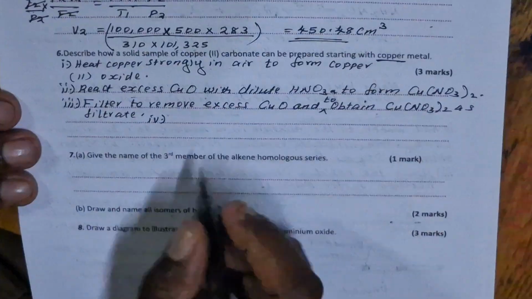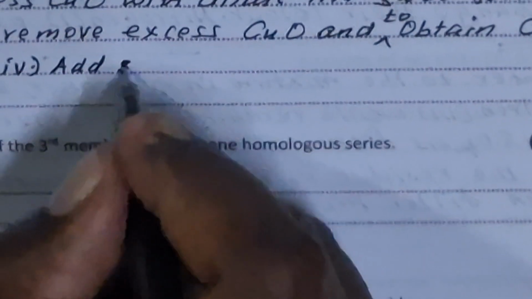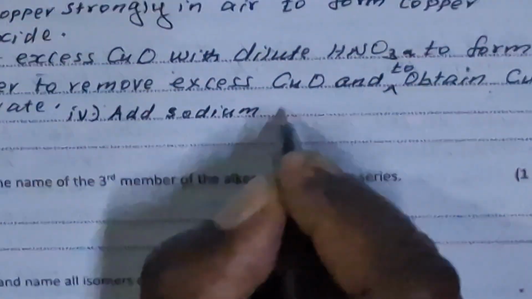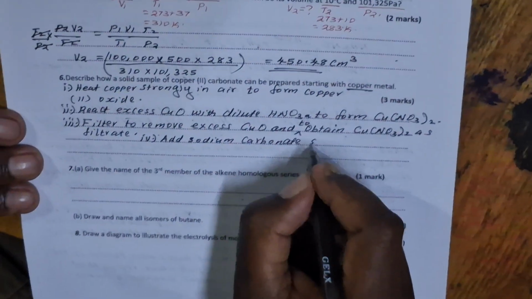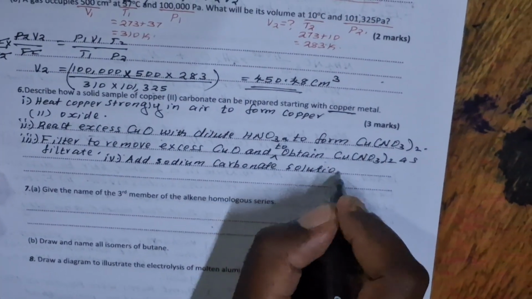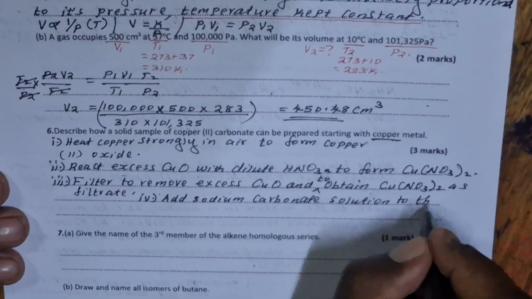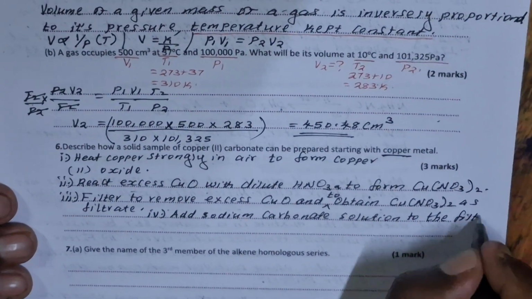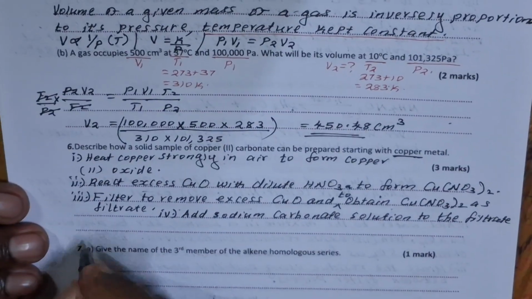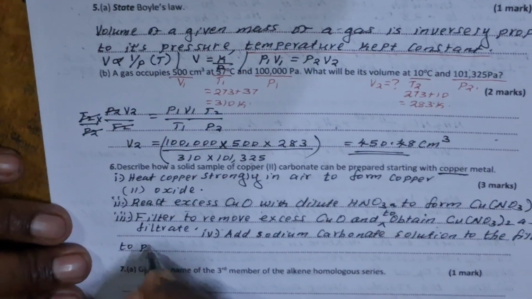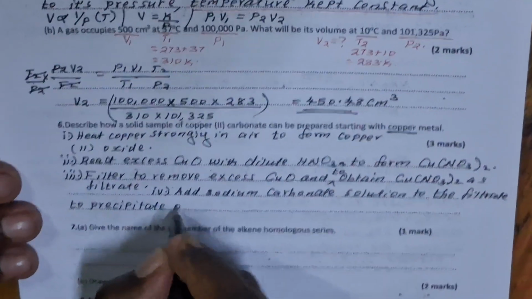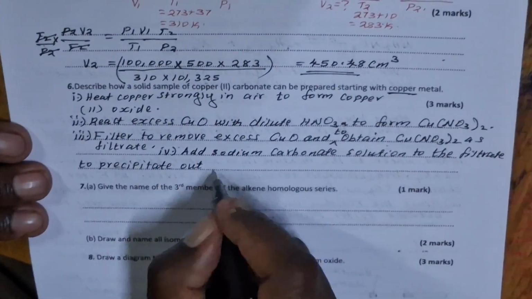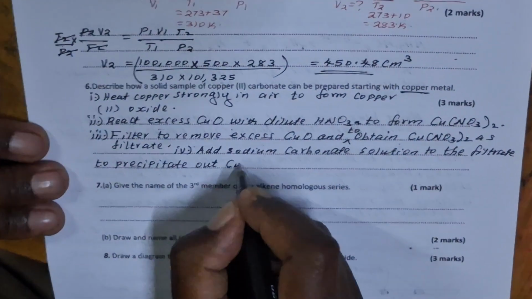So you say add a sodium carbonate solution to the filtrate to precipitate out copper 2 carbonate.